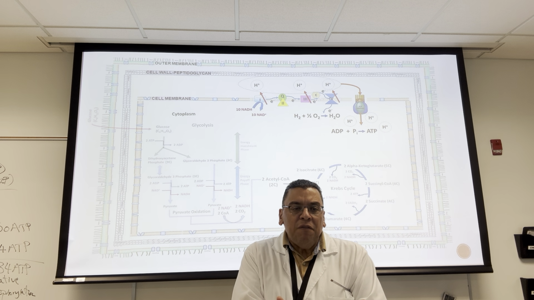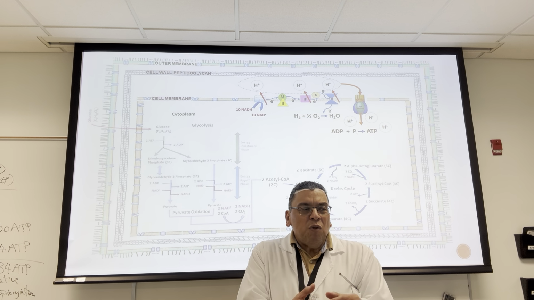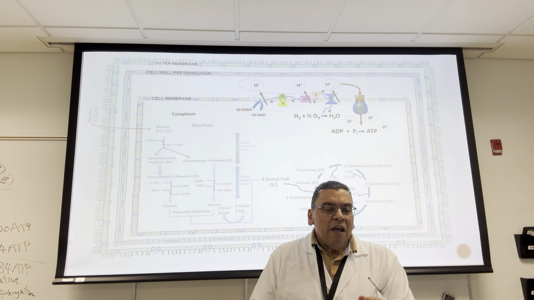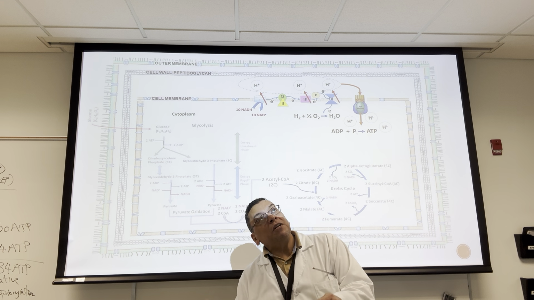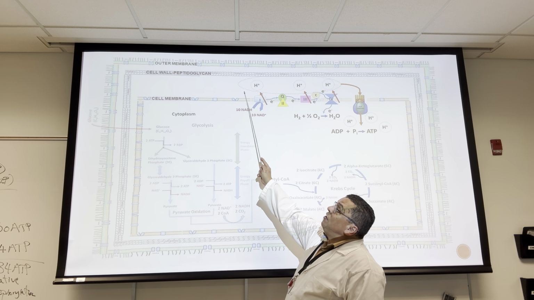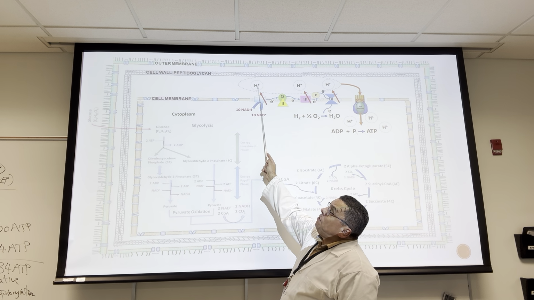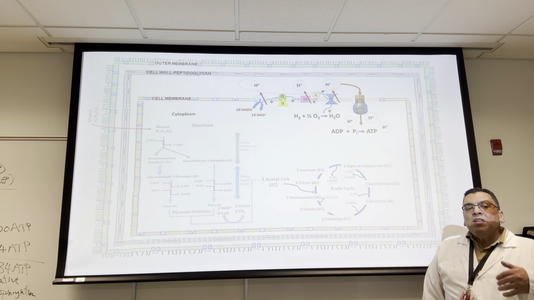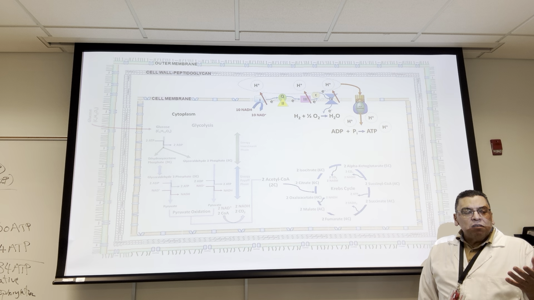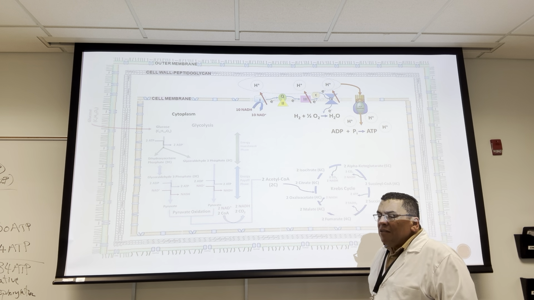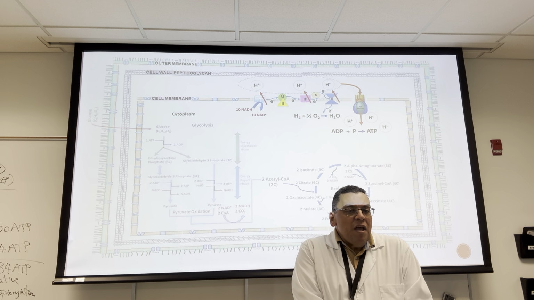Complex 1 will receive the electrons, and the electrons will cause a change to complex 1 to open up a channel, and complex 1 will start pumping hydrogen from the cytoplasm here to this space called the periplasmic space here. So when complex 1 receives electrons, it responds to those electrons by pumping hydrogen. And then complex 1 says, well, I'm done. Ubiquinone, come over here, take them.